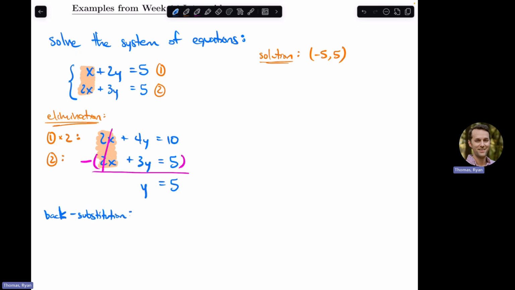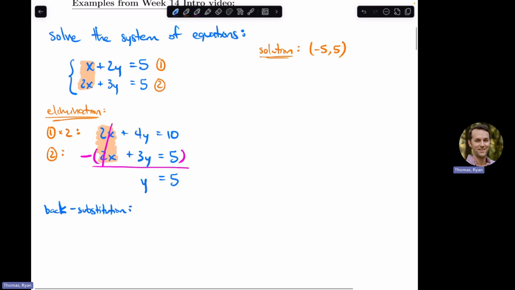Back substitution, basically just take that y value and plug it back in somewhere. It doesn't really matter where. So I'll just go with the first equation. x plus 2, in place of y I'm going to put 5, equals 5. x plus 10 equals 5.